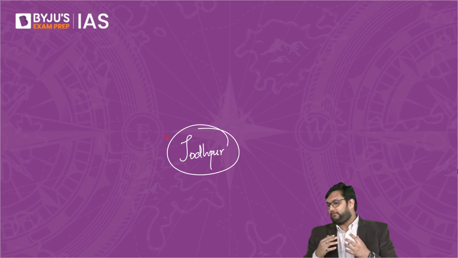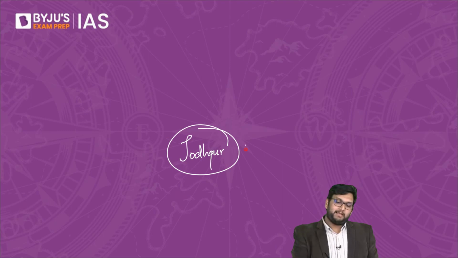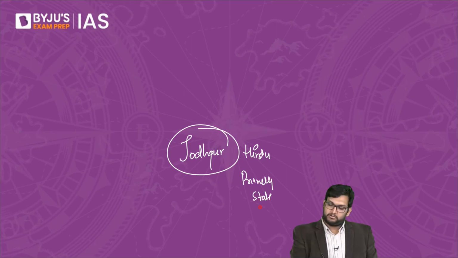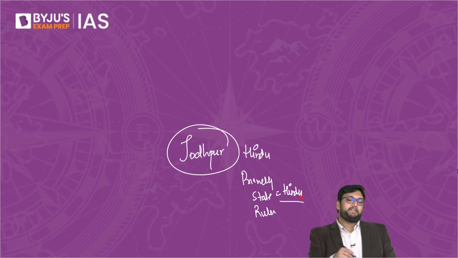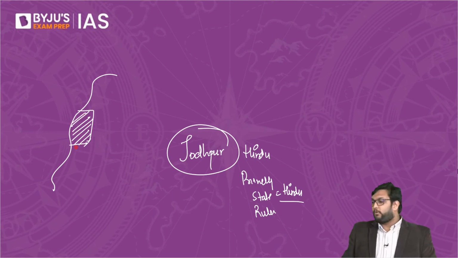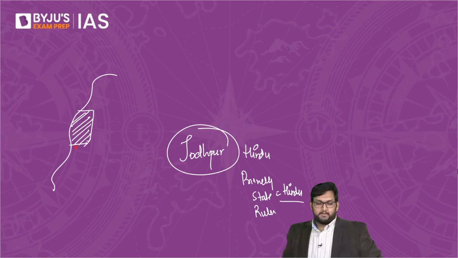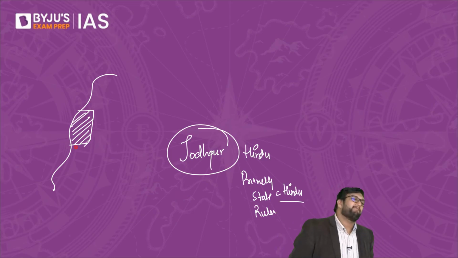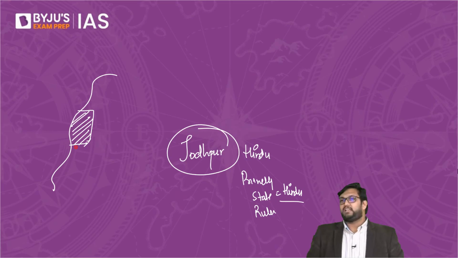Now, Jodhpur was a very interesting case. Here, the population is Hindu and the princely state ruler is also Hindu. But because it is one of the sectors next to the border, somehow Jinnah had persuaded this Hindu ruler to become part of Pakistan.